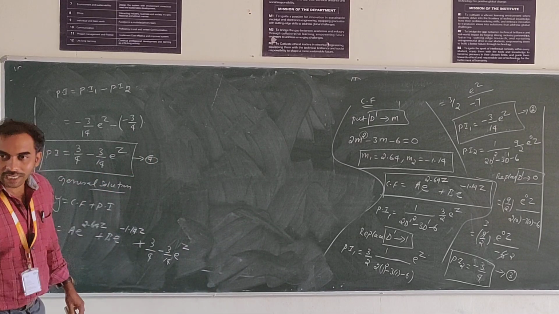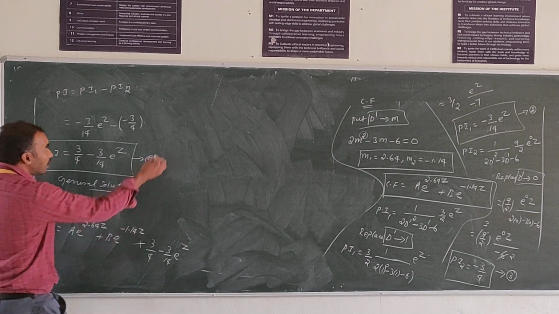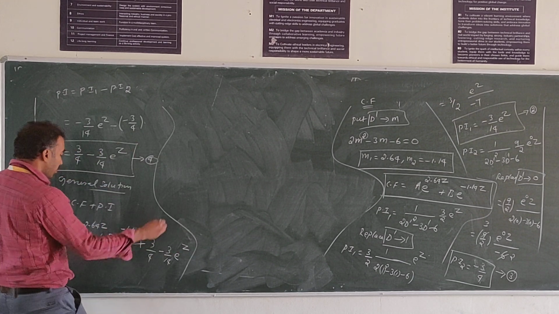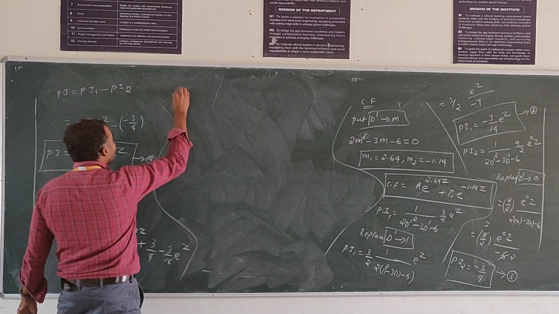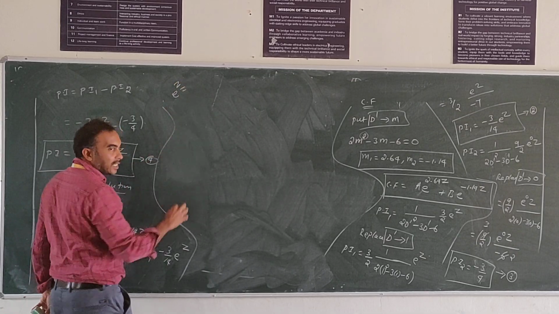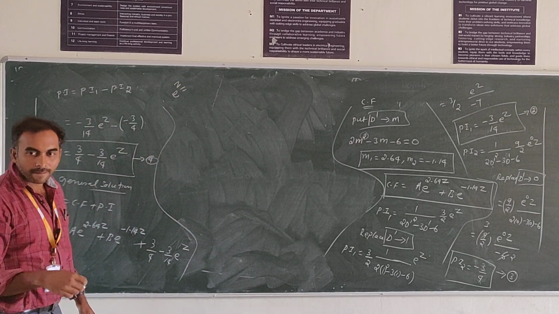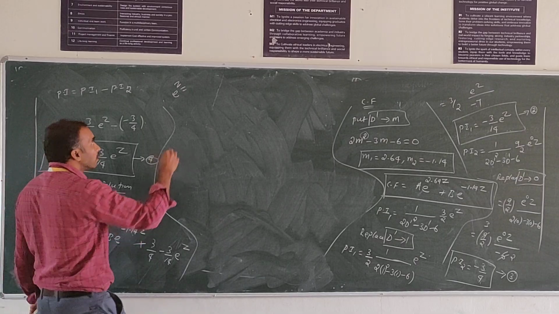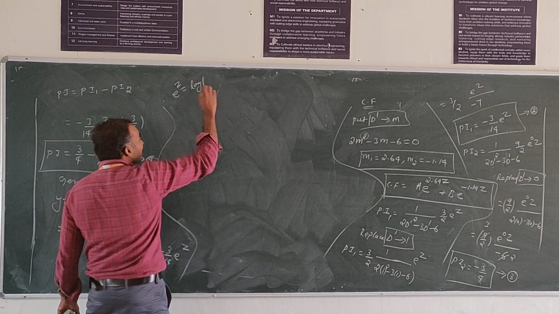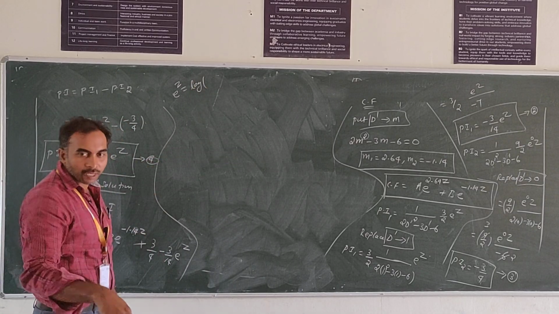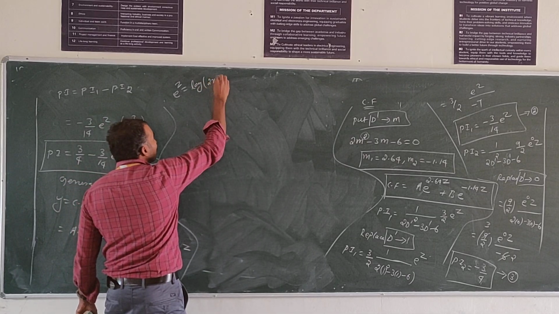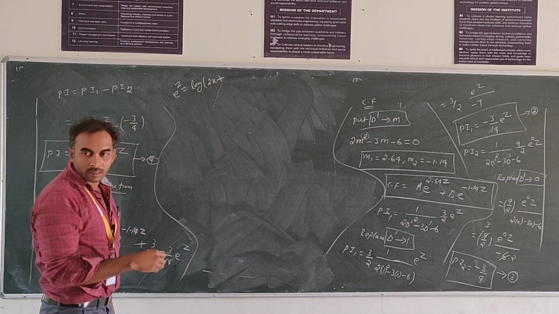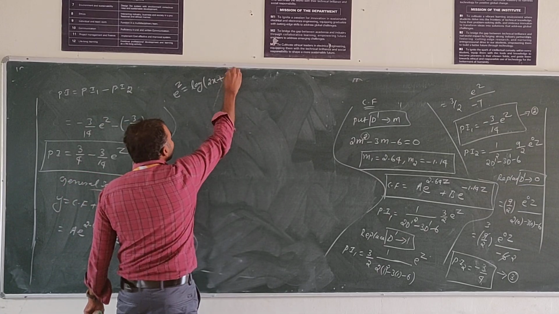So how will you convert? Instead of e power z, we can write log of ax plus b. Here what is ax plus b? 2x plus 3.